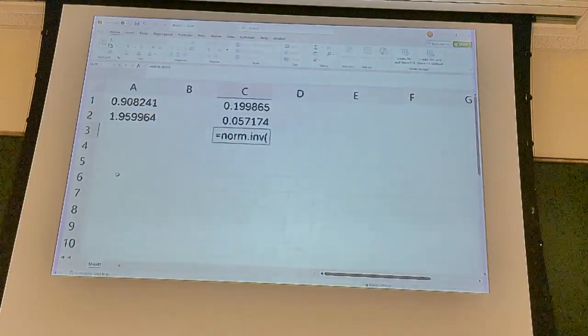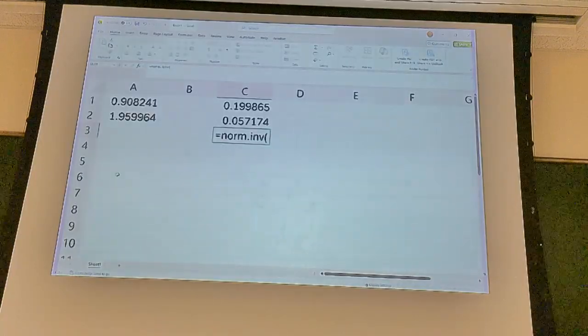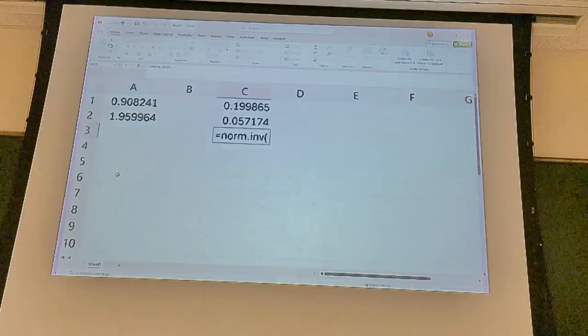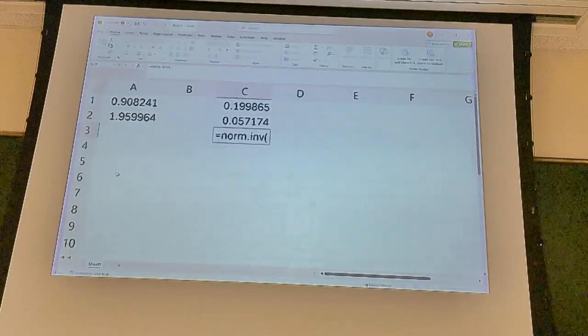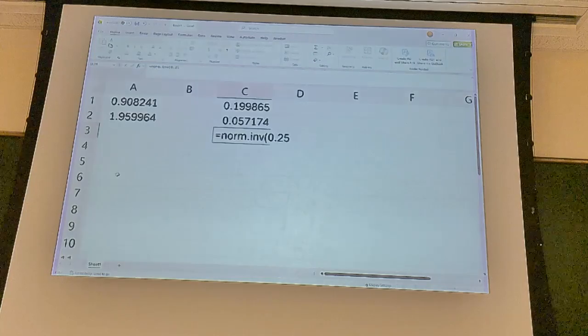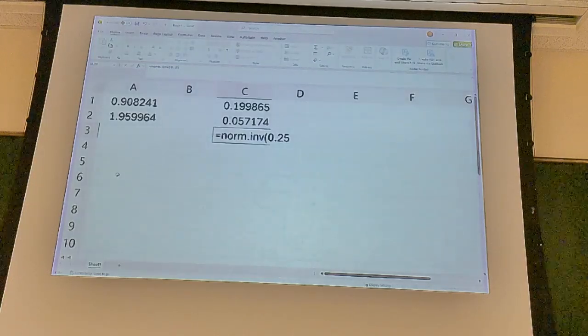What is a quarter equal to? 25%, or 25% of 100%, which as a decimal is 0.25. So 0.25 area to the left, right?